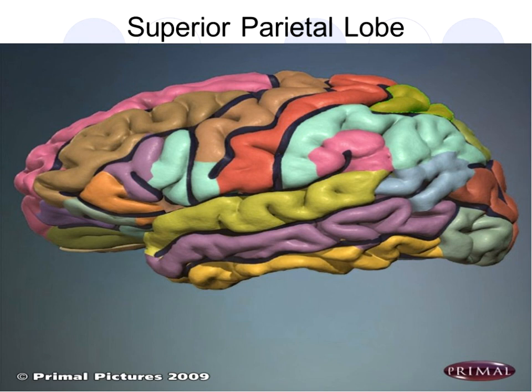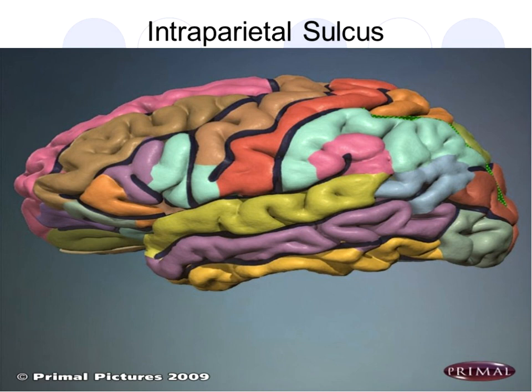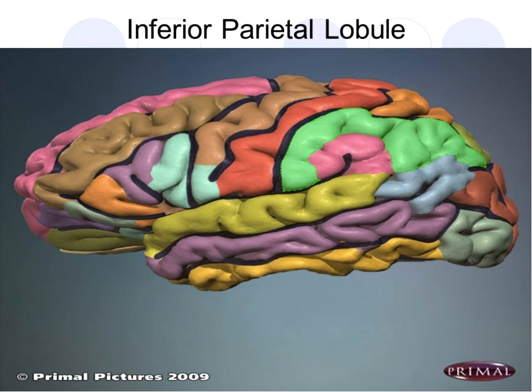So when we look up here in this area, this is the superior parietal lobule. I'll show you the intraparietal sulcus here. And then right below it is the inferior parietal lobule in green.